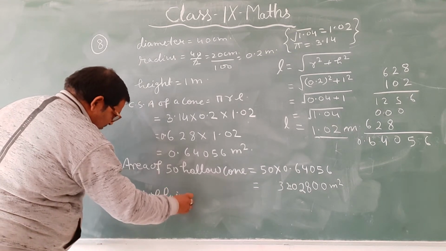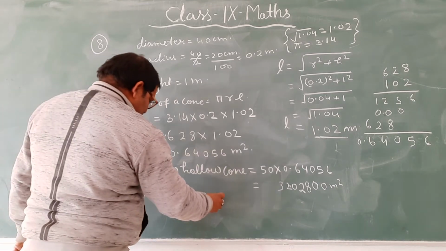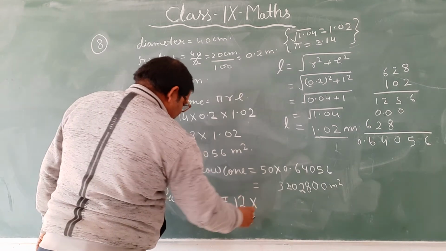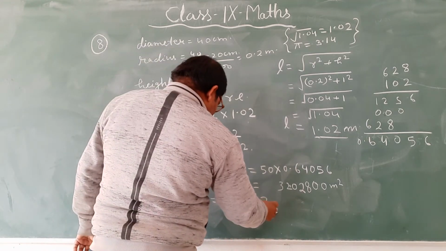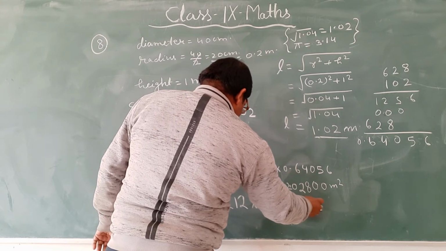And the cost of painting equal to rupees 12 into 32.02800.